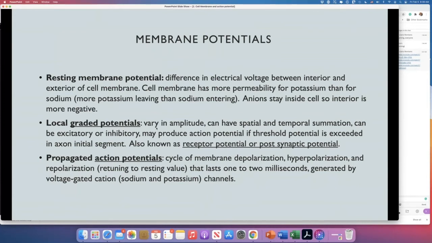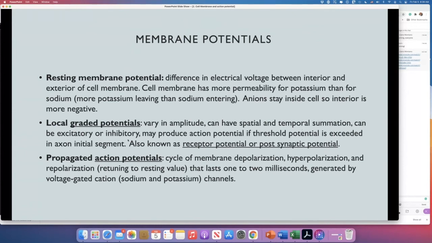The graded potentials vary in amplitude. They can be larger or smaller. They can be summated. They can have spatial and temporal summation. We are going to see what that means in a while.